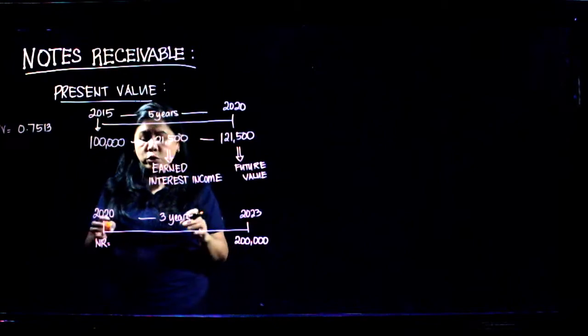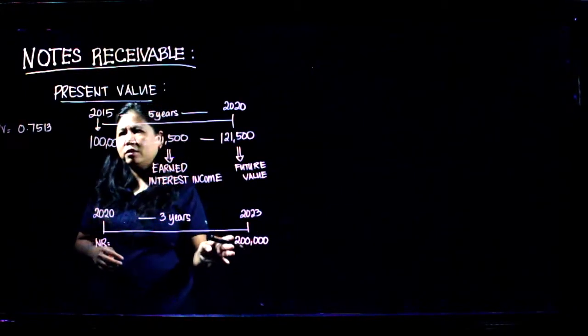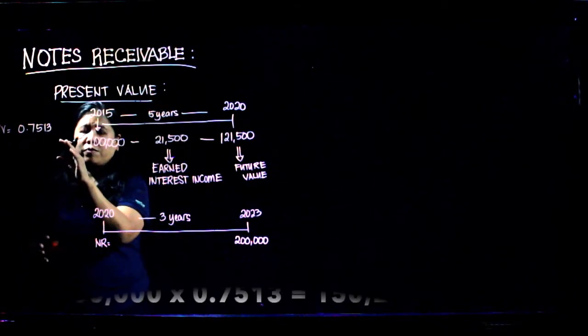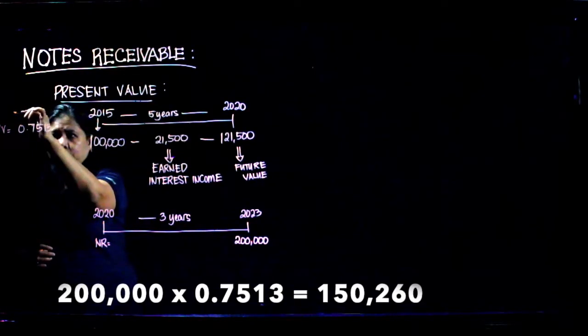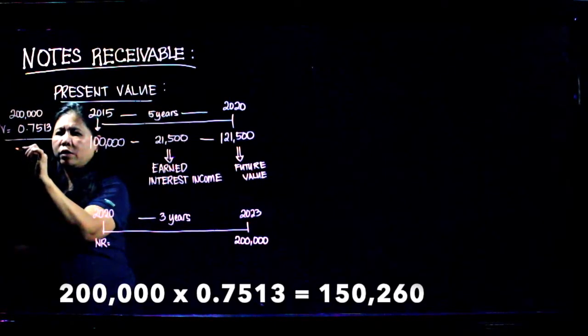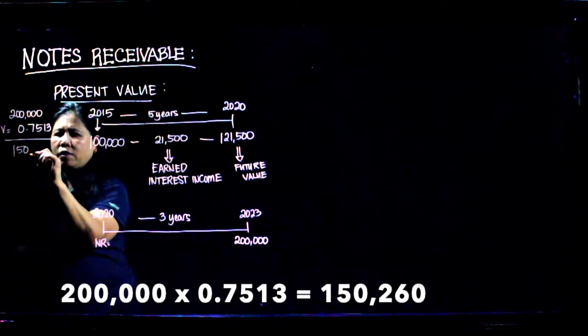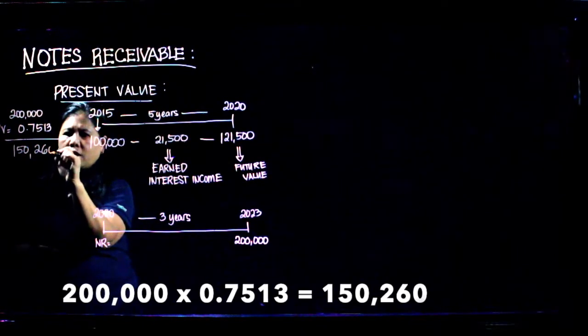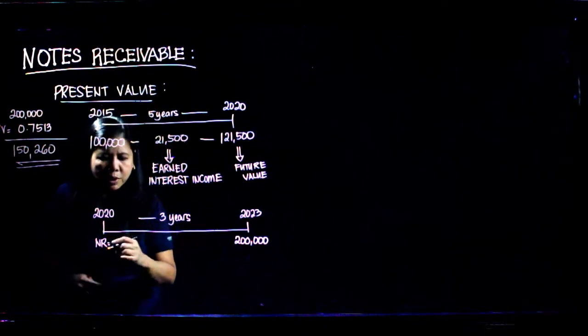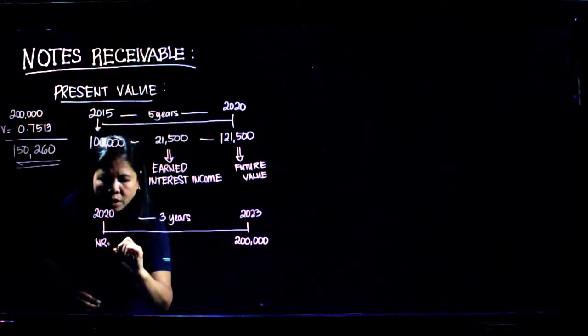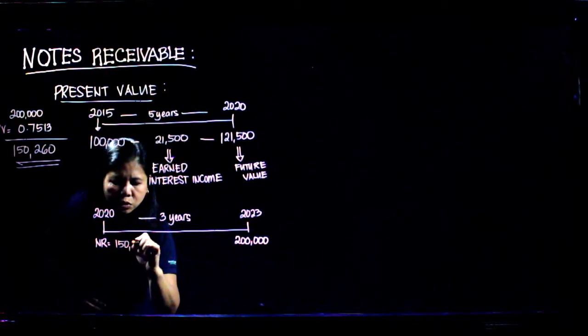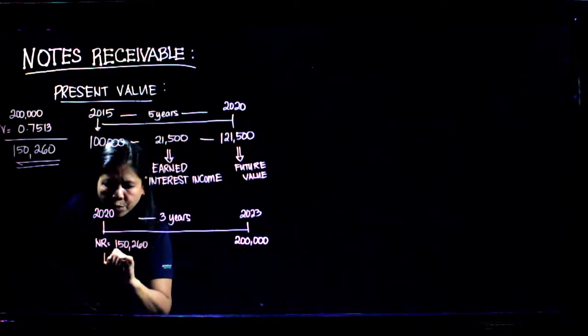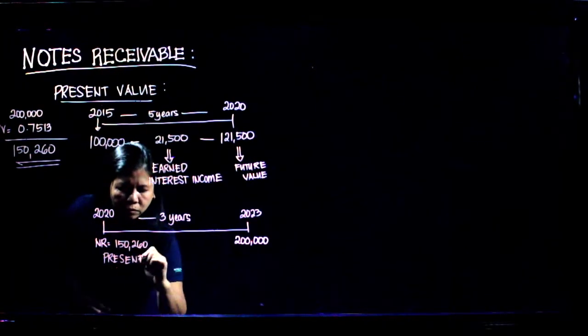So the 200,000 multiplied by 0.7513 present value, we come up with 150,260. So notes receivable is now 150,260 present value.